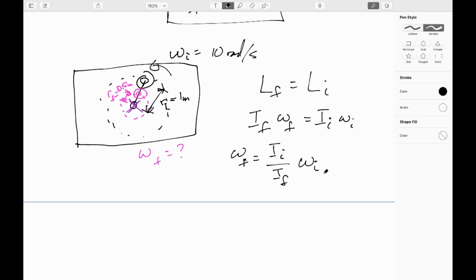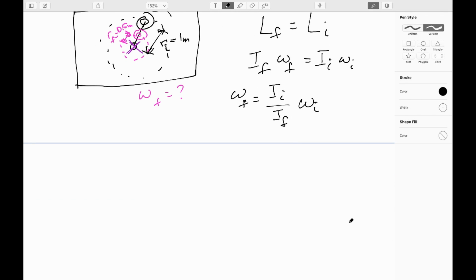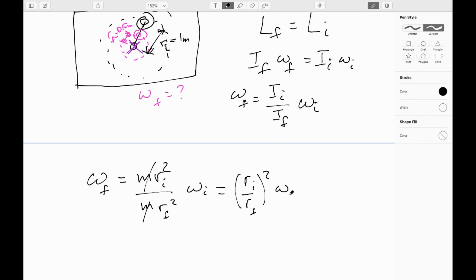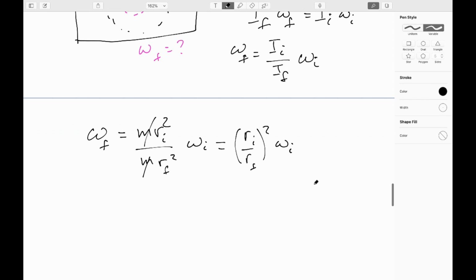Now, compared to a half a meter or a meter's radius, a washer can be well treated as a point mass, and the moment of inertia of a point mass about some axis is mr squared. So putting that in, this would be the mass of the washer times r initial squared over the mass of the washer times r final squared, times omega initial. Cancel, cancel. If you want, you can make it a little prettier by saying r initial over r final quantity squared times omega initial.